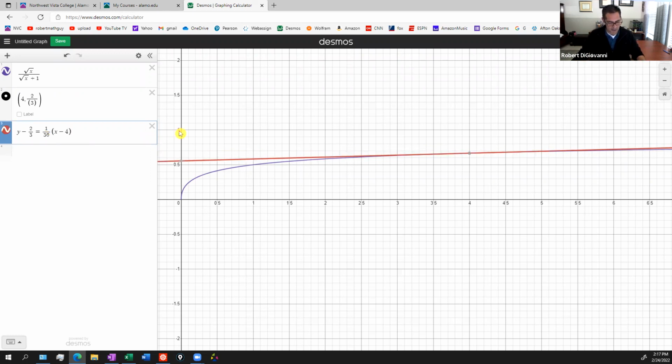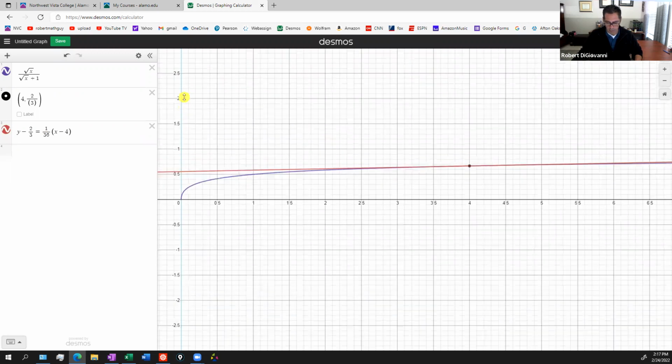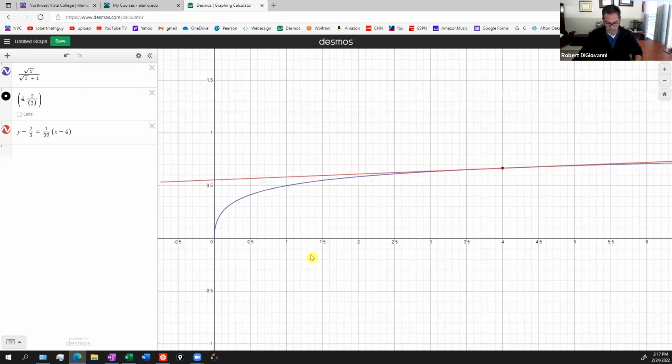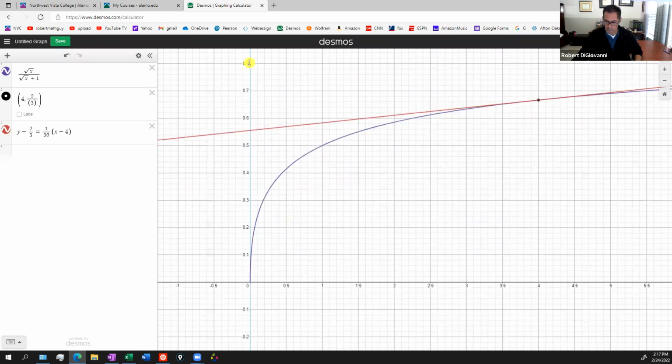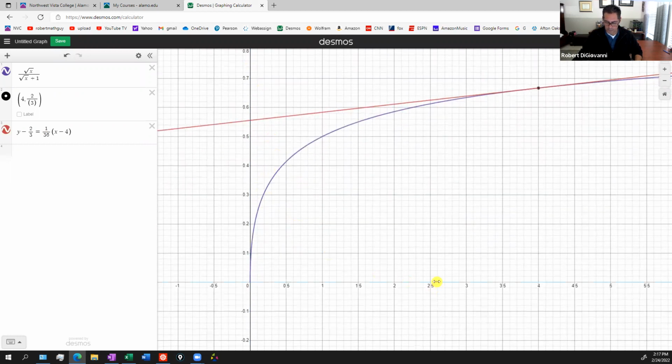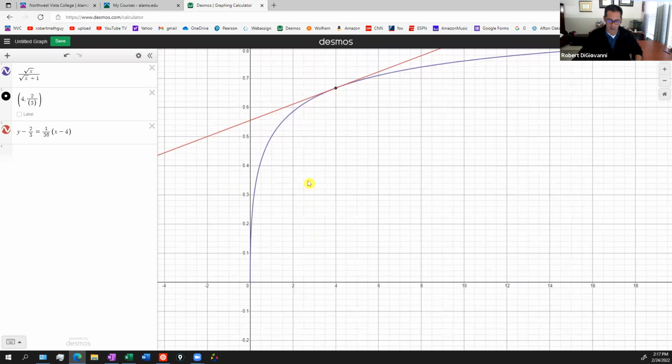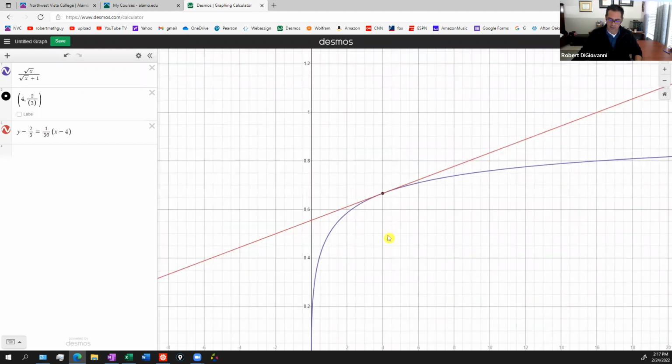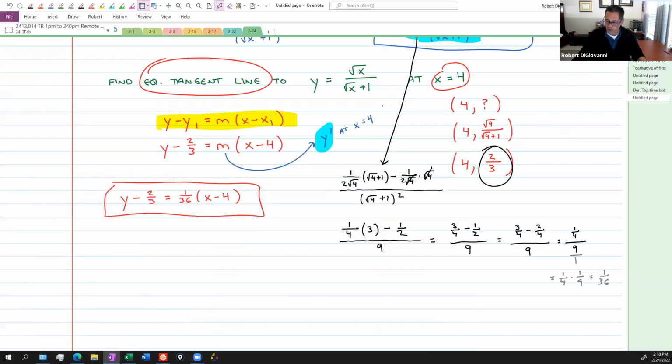That always makes me happy when it looks right. There, if I graph it like that, I think you're convinced that is the equation of the tangent line, yes? All right, we're rocking and rolling.